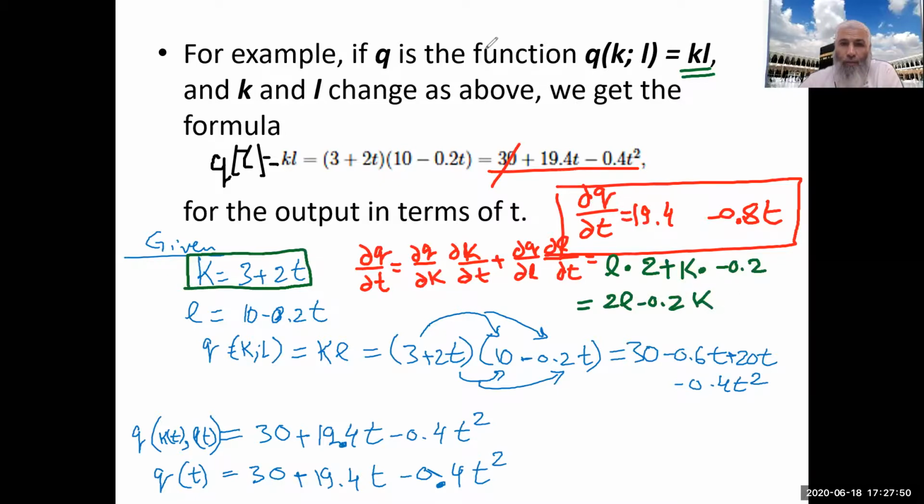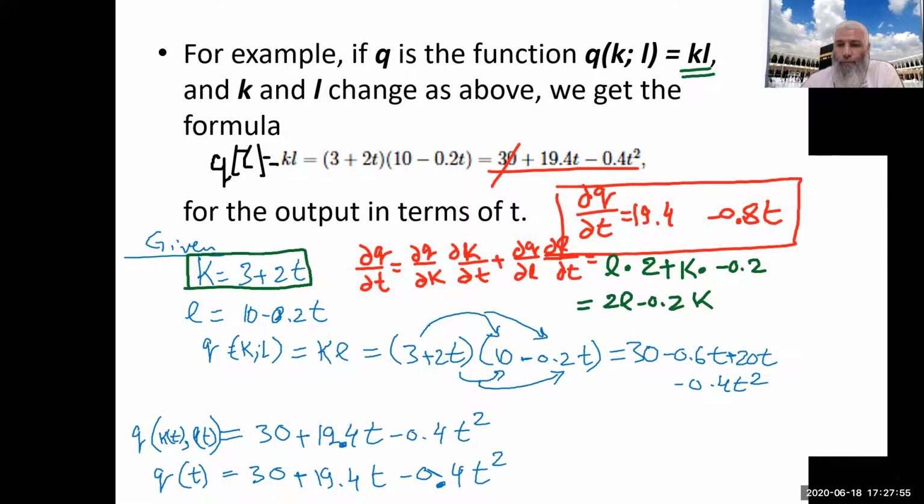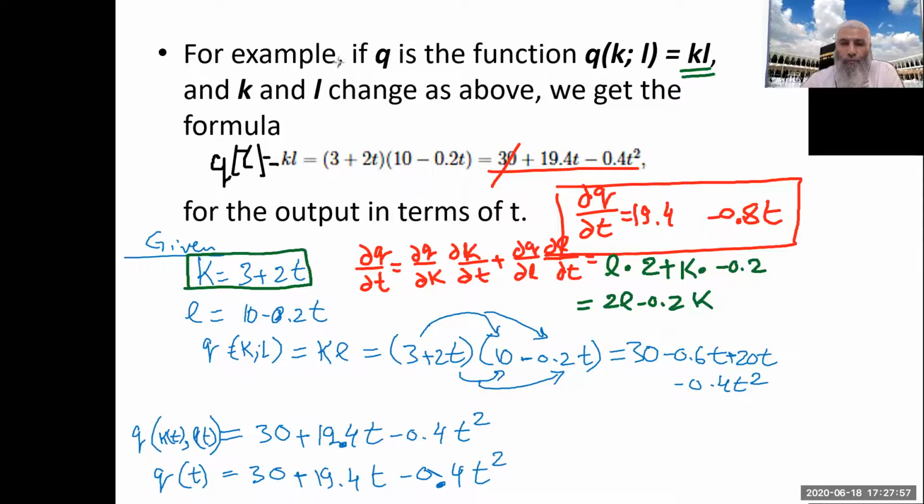Right, now what is 2L? L is 10 minus 0.2t, so 2 multiplied by that, right? Yes. And minus 0.2K. What is K? K is 3 plus 2t, right? Yes. So we multiply this here and here, and we multiply this here and here.